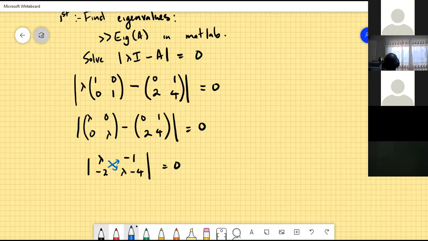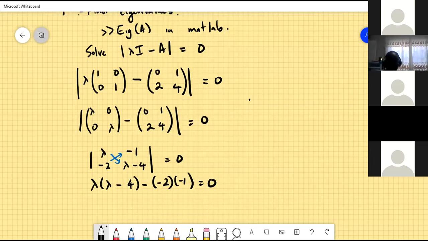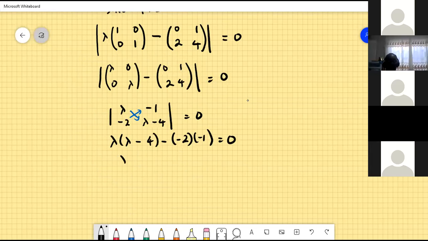So that is going to be lambda times lambda minus 4, minus minus 2 times minus 1, equals 0. So that's lambda squared minus 4 lambda minus 2 equals 0.